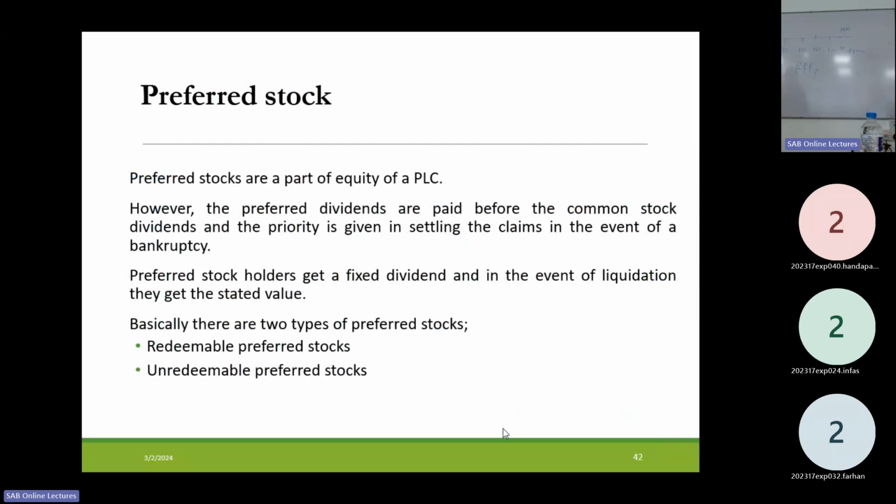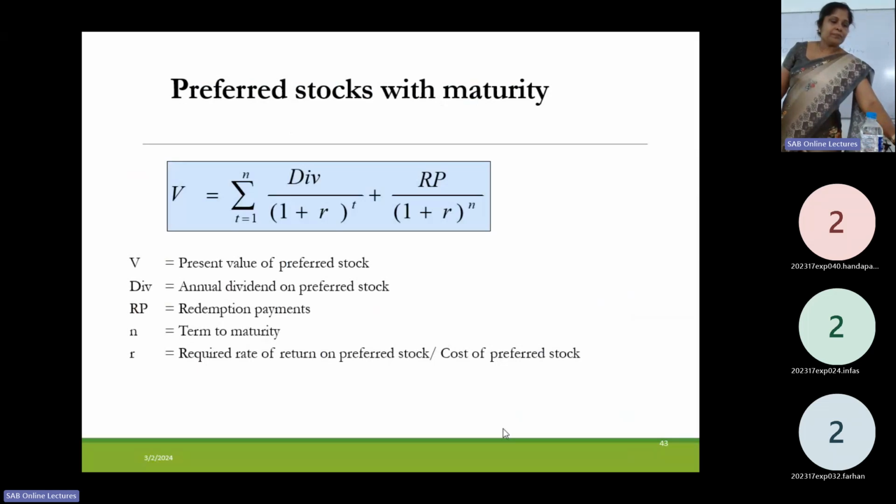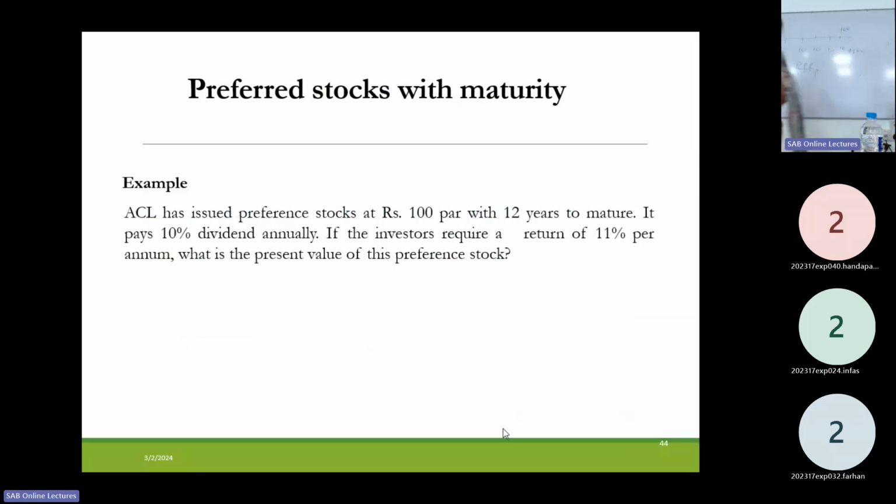Right. In the case of redeemable preference shares, we'll do an example quickly. ACL has issued preference stock of 100 rupees par with 12 years to maturity.